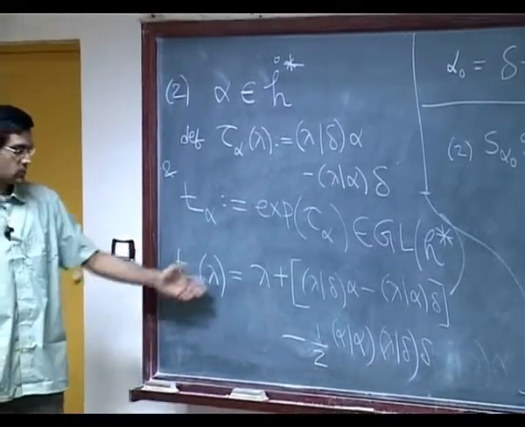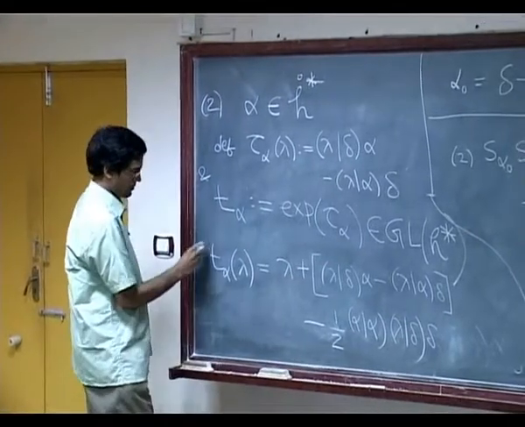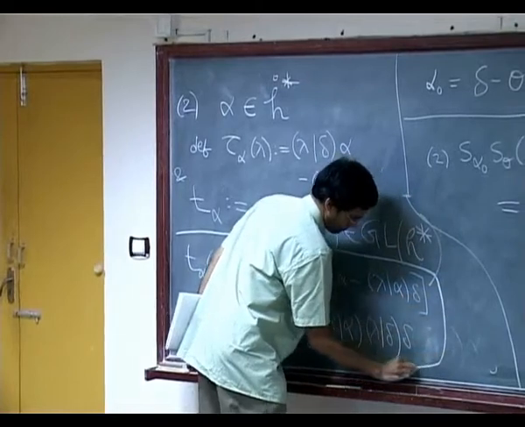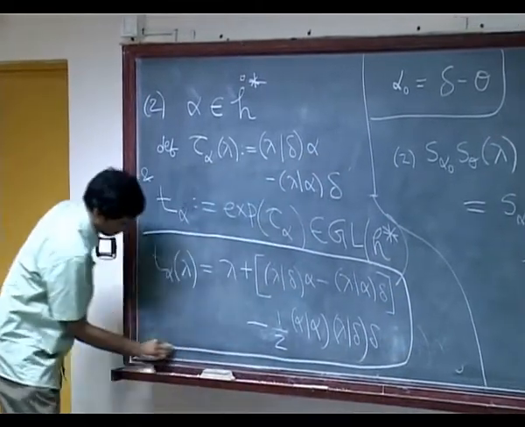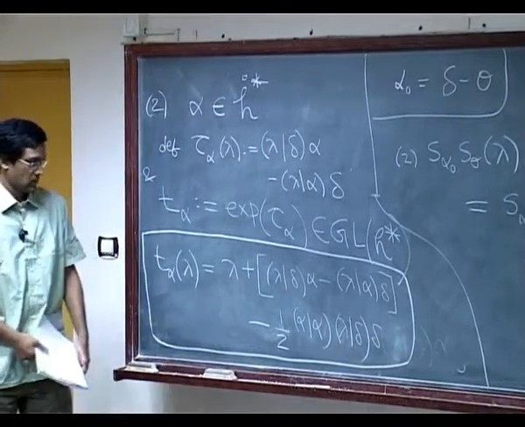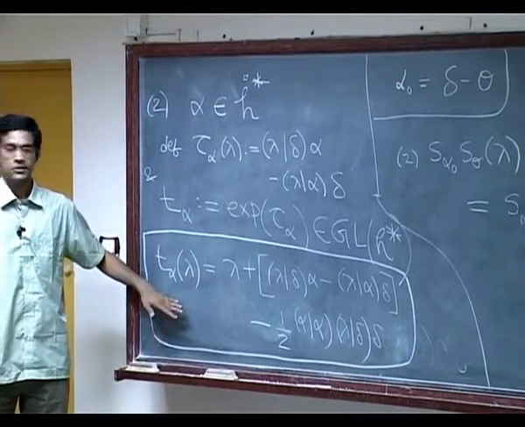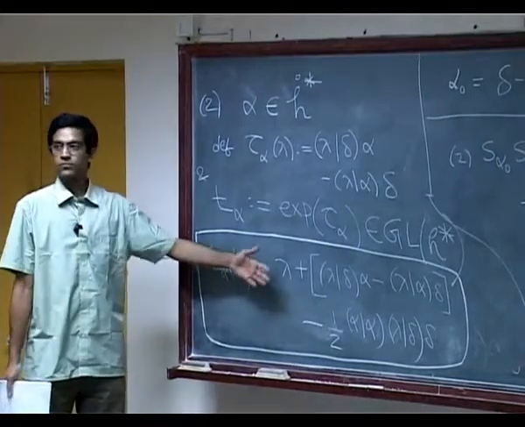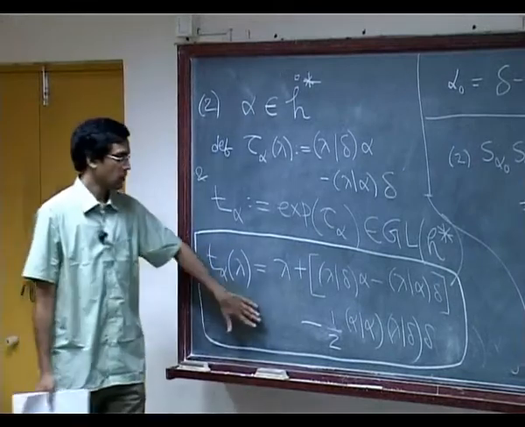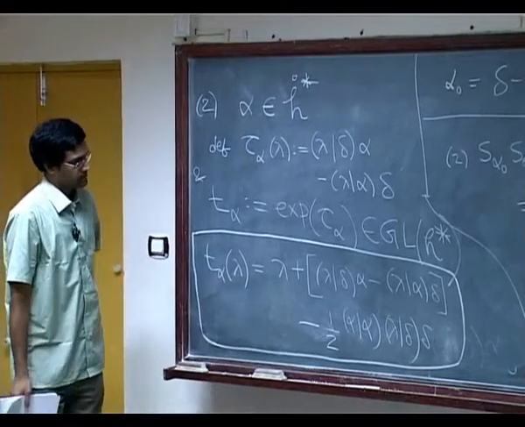So that's a precise formula for what tau alpha is, and if you look at Kac, this is probably one of the most important formulas of chapter 6 of Kac's book.